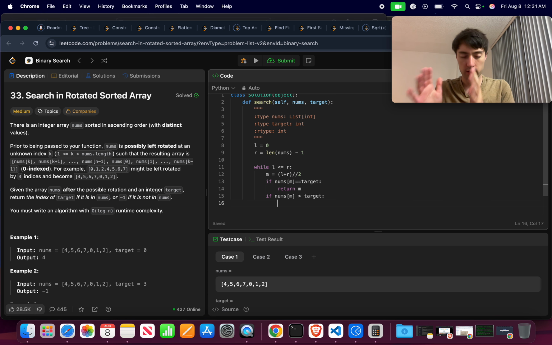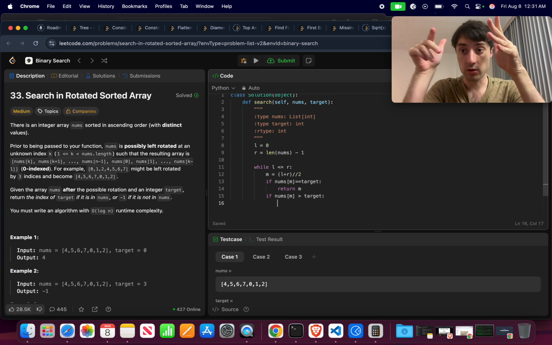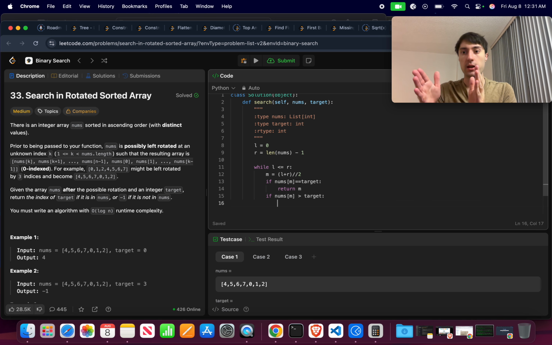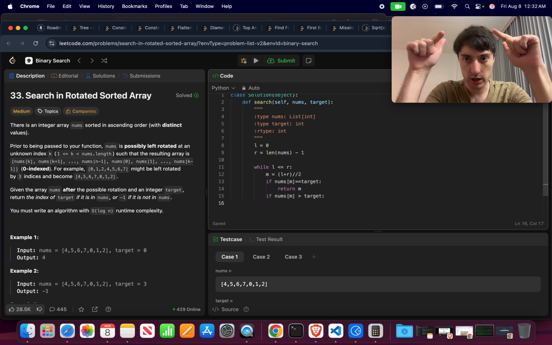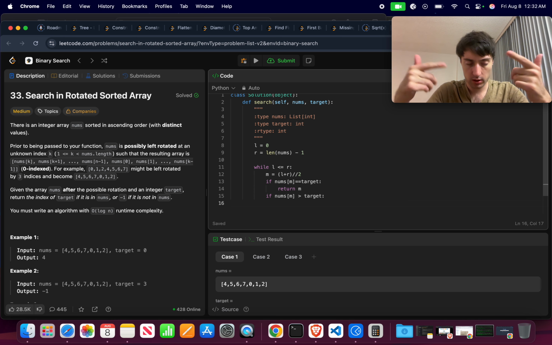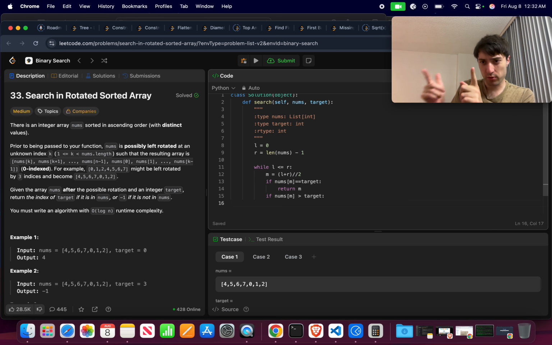Normally, it would be the interval between m and the ending point. So I need to check what? If there's no pivot in that region, I can throw it away and I'm good.